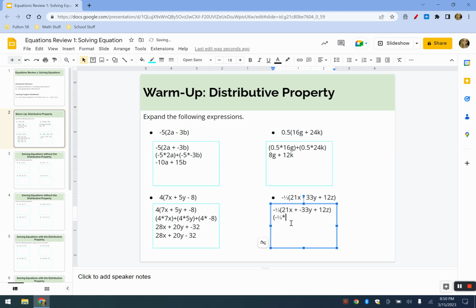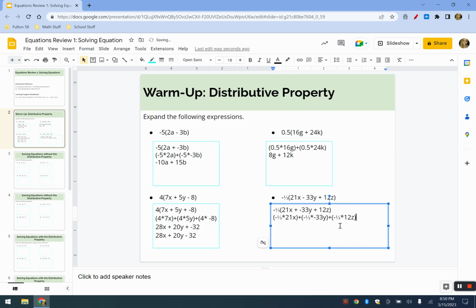So we're going to multiply a negative 1/3 by 21x, by negative 33y. I'm going to extend this to keep typing. And then again, we're going to multiply it by 12z.